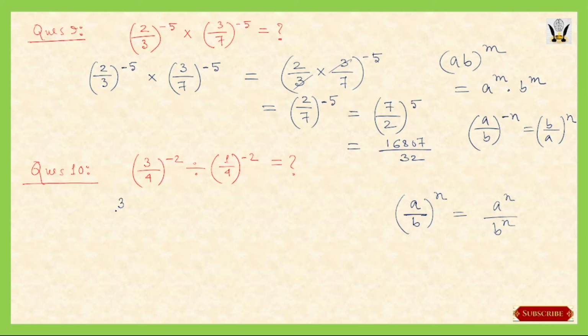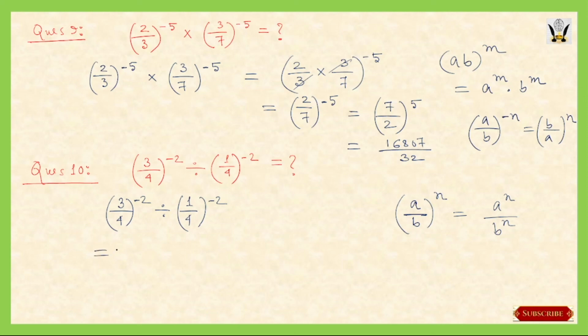So if the problem is (3/4) to the power minus 2 divided by (1/4) to the power minus 2, the exponent has to be the same, whether positive or negative, while the bases can be different.